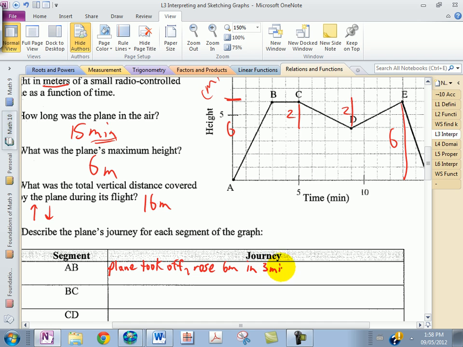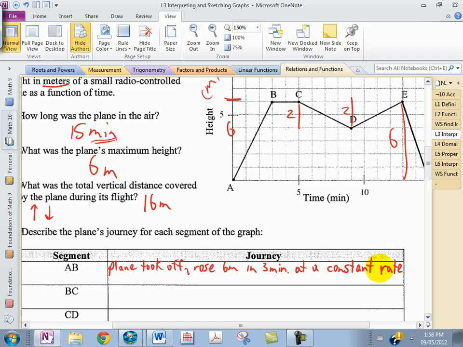So I'm describing the section. How did it do that? What kind of line do we have between A and B? Is it curved? Nope. So it's constant. So it rose 6 meters in 3 minutes at a constant rate. That's very important. Right?